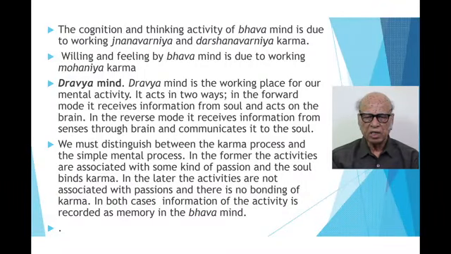Because of the kshaya of some of these two karmas, there is a power of the soul which is being manifested, and that manifested power of the soul is responsible for cognition and thinking activity.